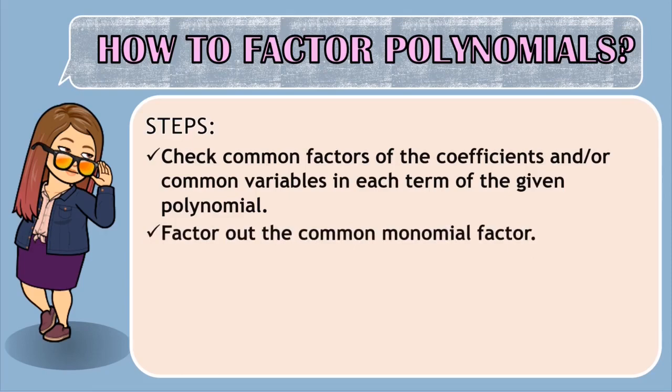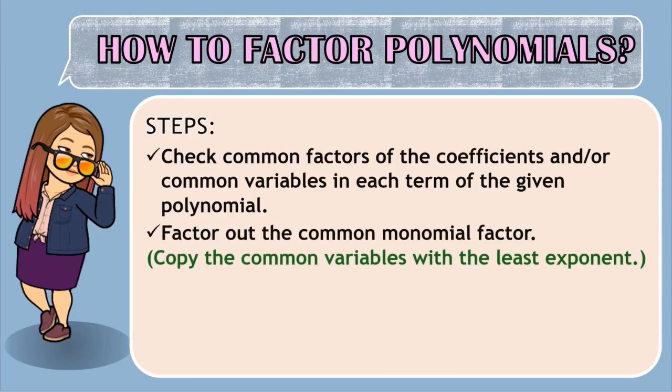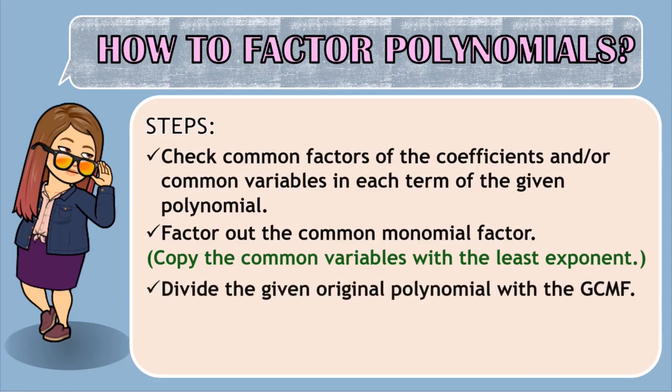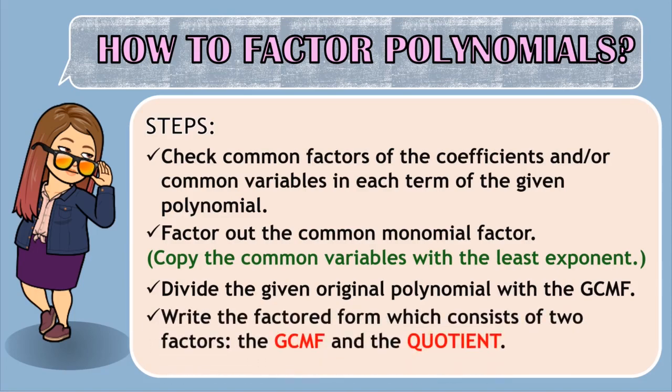Second, we factor out the common monomial factor. In using laws of exponents, we simply copy the common variables with the least exponent. Then divide the original polynomial by the GCMF. And then lastly, write the factored form, which consists of two factors, the GCMF and the quotient.